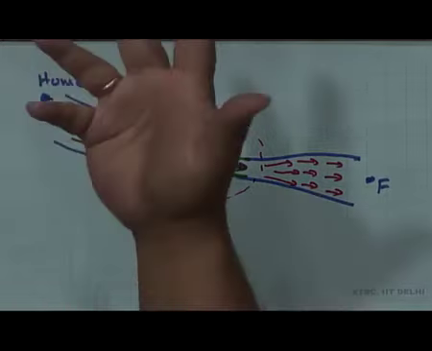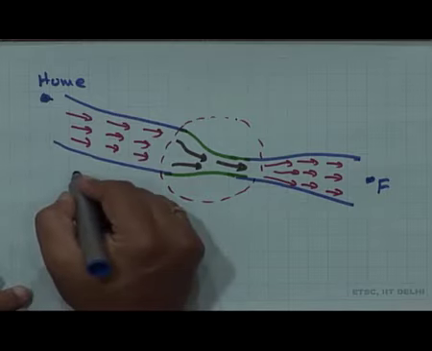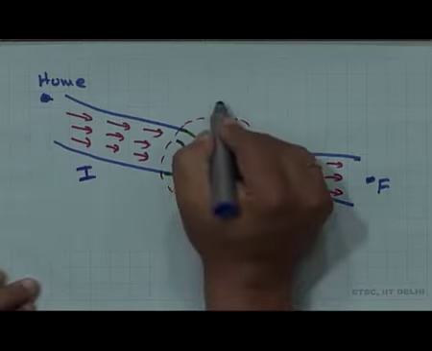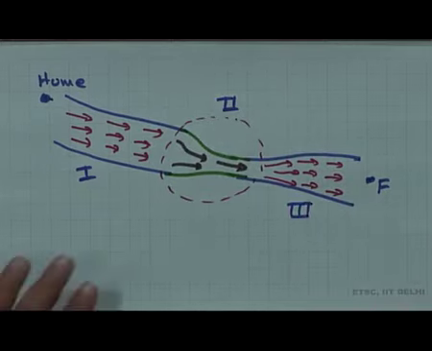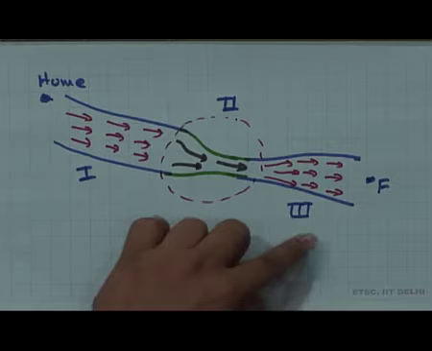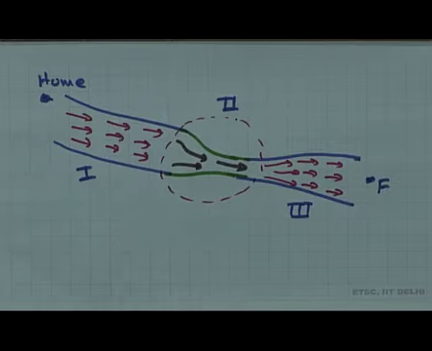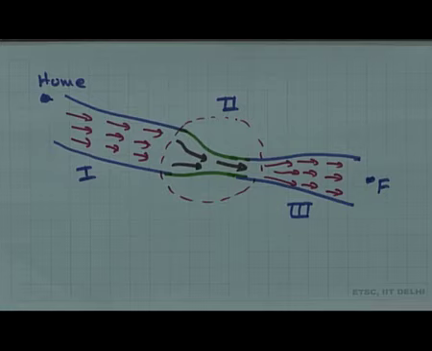Suppose this is step 1, this is step 2 and this is step 3. It is very visible from this example that in steps 1 and 3 the cars would be travelling at a very good speed, but the moment you come to step 2, the cars had to slow down, they had no other option because the road available was very narrow.